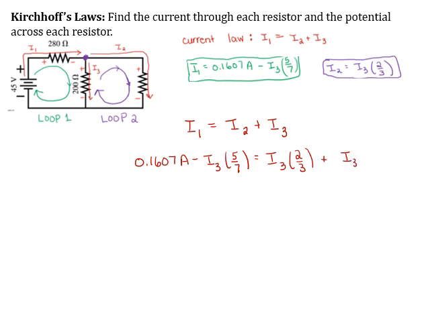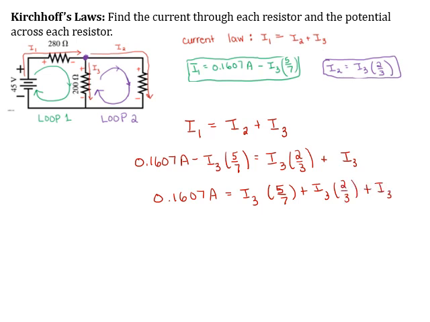Let's get all of our I3s on one side. So I've got 0.1607 amps equals I3 times 5 over 7 plus I3 times 2/3 plus I3.